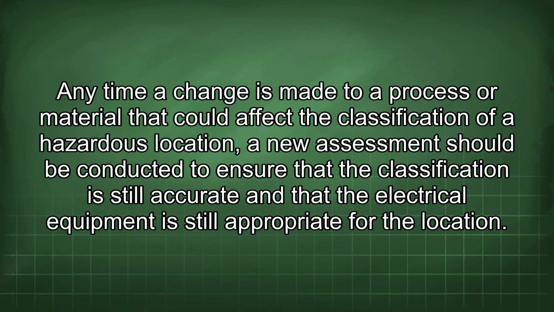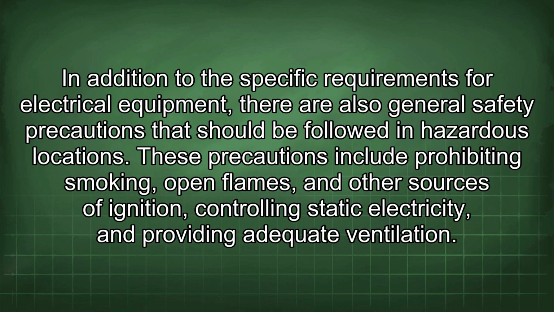In addition to the specific requirements for electrical equipment, there are also general safety precautions that should be followed in hazardous locations. These precautions include prohibiting smoking, open flames, and other sources of ignition, controlling static electricity, and providing adequate ventilation.